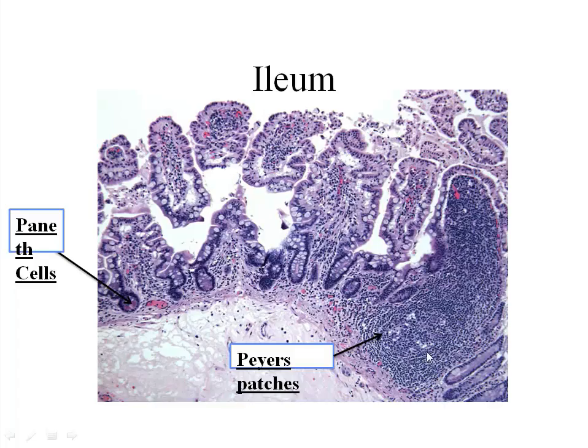They are always situated on the antimesenteric border, that is, on the side away from the attachment of the mesentery. These are called Peyer's patches, or aggregated nodules of lymph.